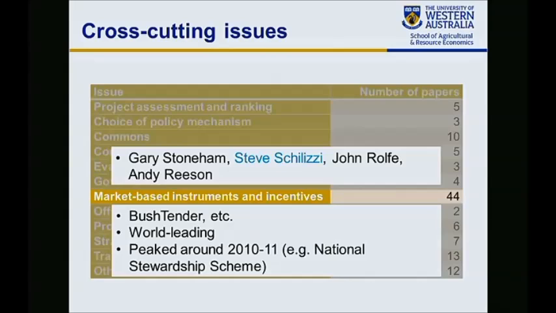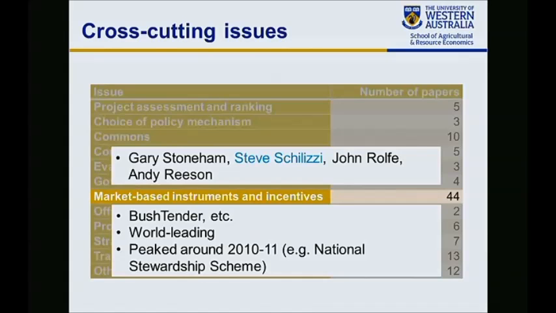The level of interest in it probably peaked sometime in the late noughties, around 2010. Perhaps the high water mark was when they were used to allocate funding under the National Stewardship Scheme, an Australian government scheme with quite a significant level of funding.